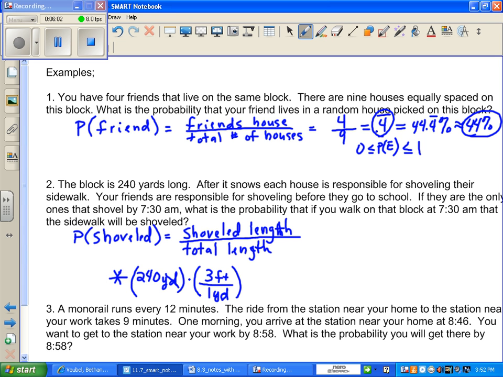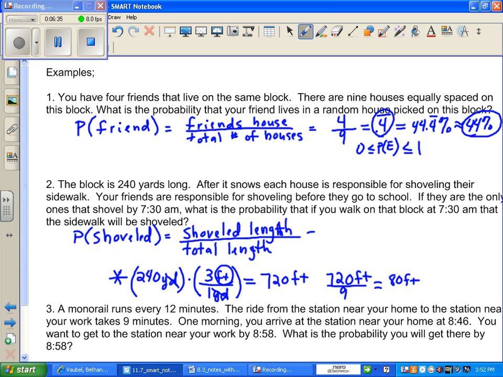So my yards will cancel, and I'm going to be multiplying 240 times 3, which will give me 720. Now my units are feet. Feet survived, yards canceled. Now that represents the total number of feet on my block, and I have 9 houses on the block, and they're equally spaced. So each person is in charge of 80 feet of shoveling.